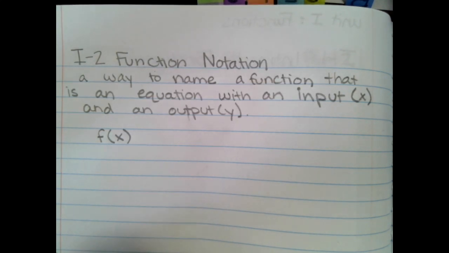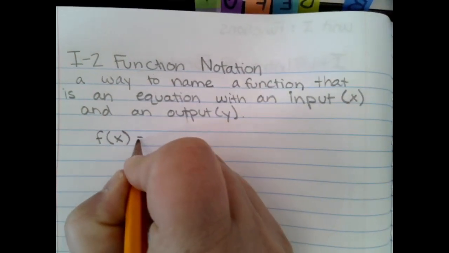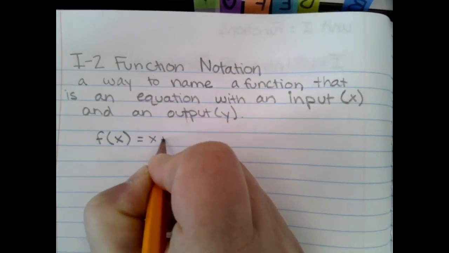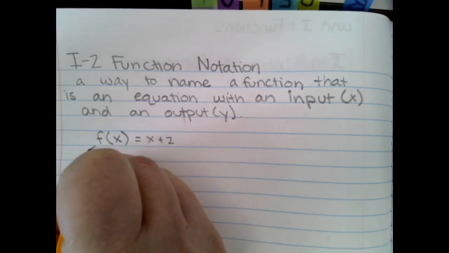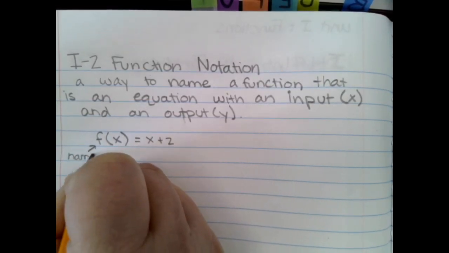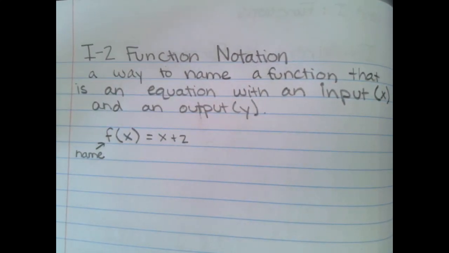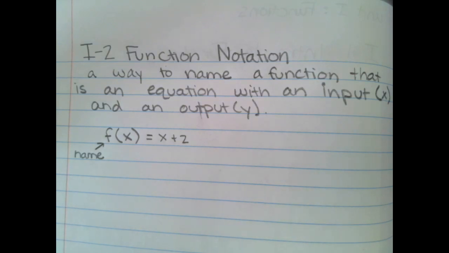F parentheses x, and we're going to say equals x plus 2. So f is what we call the function name. This one doesn't get any fancy names. It doesn't get Miss Morel or Adam or Celine or Naya. It gets just a very boring one-letter name, f.